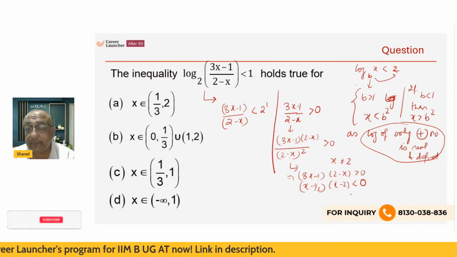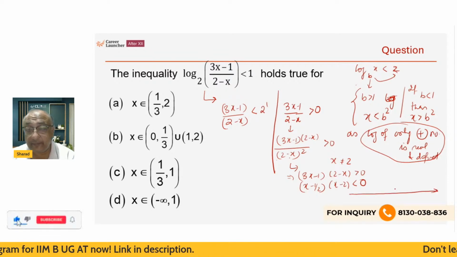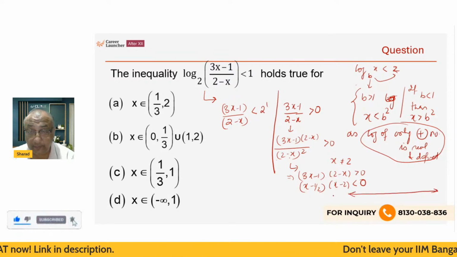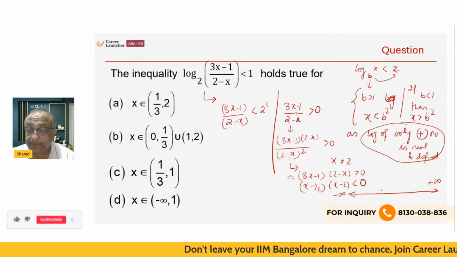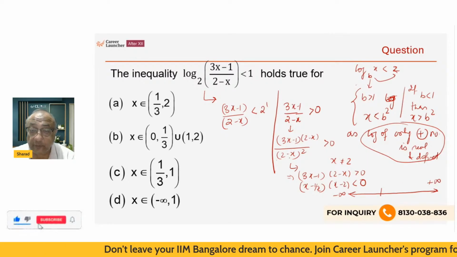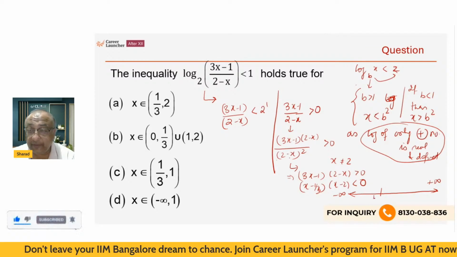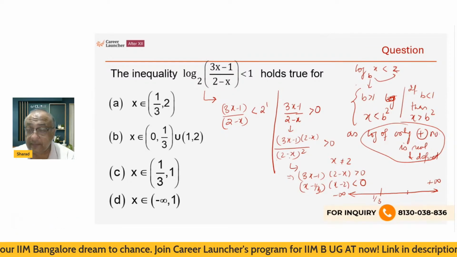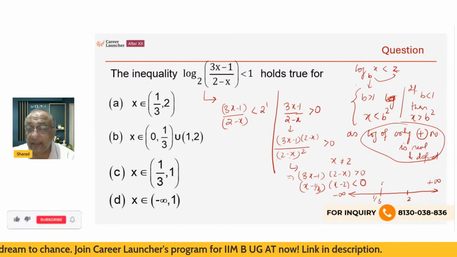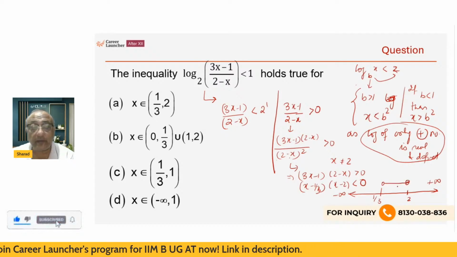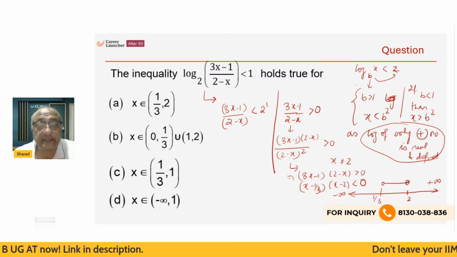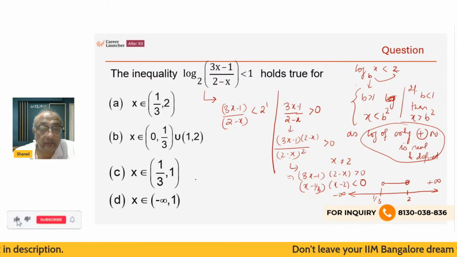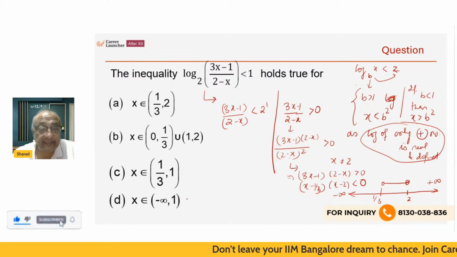This is my simple number line concept, and I will draw a number line here, minus infinity to plus infinity, 1 by 3. I'm sorry, my bad. 1 by 3, and this is 2. My value must lie between 1 by 3 and 2.